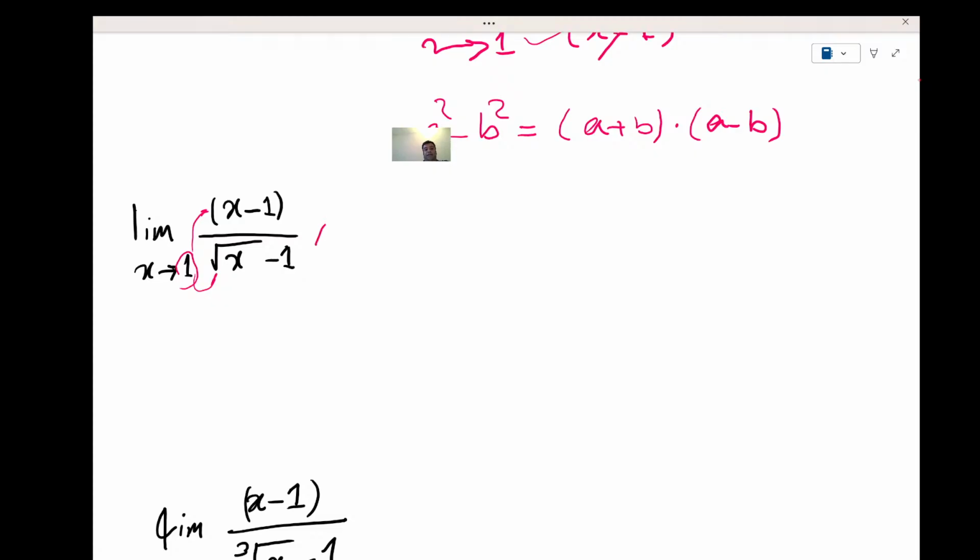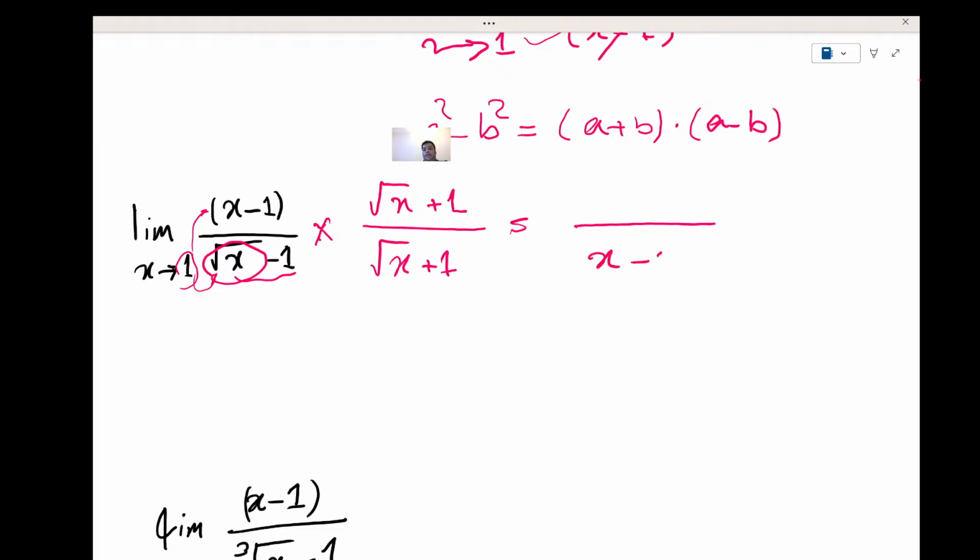Therefore, I must first multiply the numerator and denominator by the conjugate, which is radical x plus 1. In the bottom, when the x power 2 and radical cancel, it is x minus 1, and in the top it is x minus 1 times radical x plus 1.